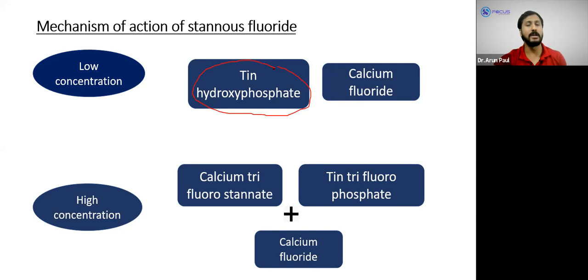One of the major limitations of stannous fluoride is this taste. It is not at all palatable, and many times patients complain of this astringent or metallic taste. So remember THP, tin hydroxyphosphate, the first compound responsible for the taste.